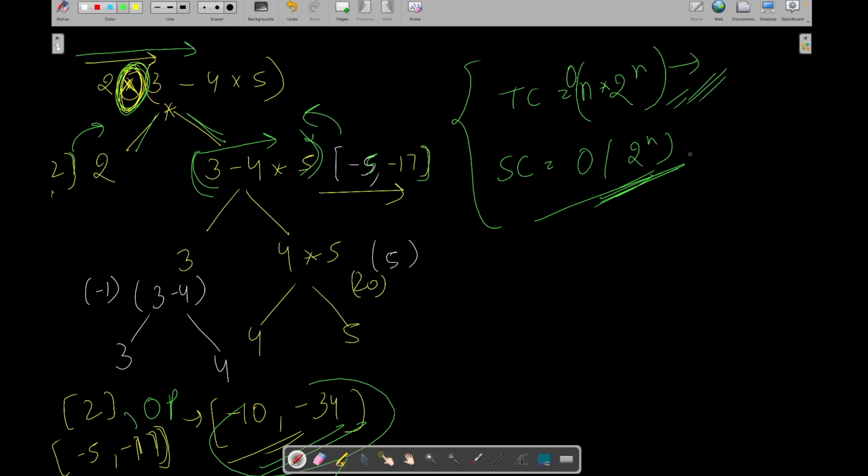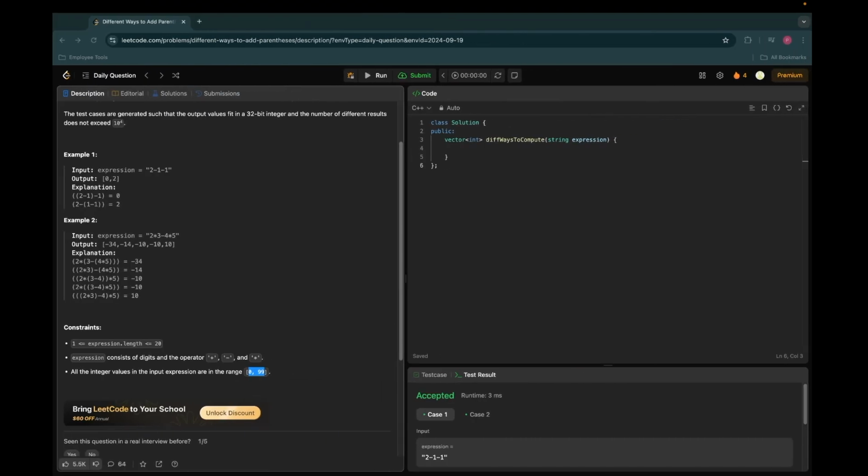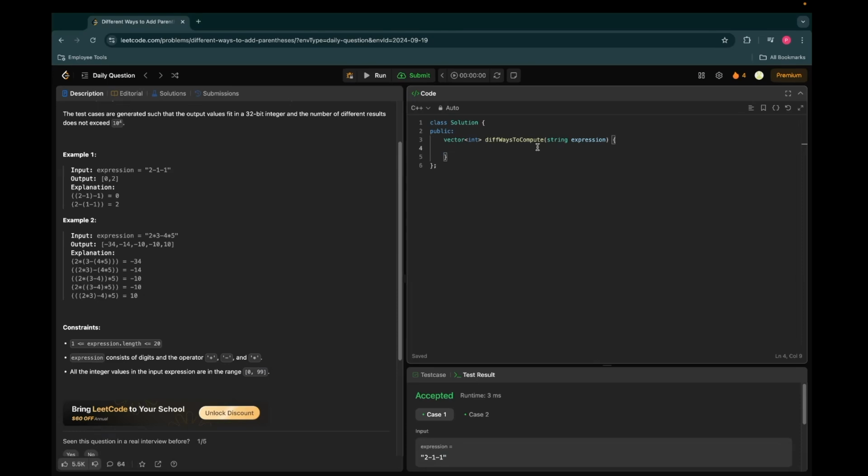Now let's try to code it, then we'll understand its approach. Okay, so what we have done is first we create an operation function which will just find the value of our expression, and this is our operator, right?